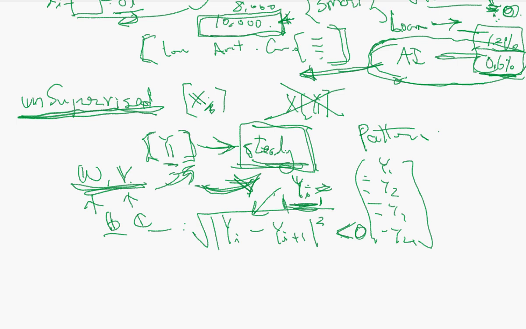If it's smaller than a certain number, initially you can set the number a little bit large, and gradually you start focusing on the steadiness. So Y1, Y2, Y3, Y4 become steady. Okay, then you find the pattern.